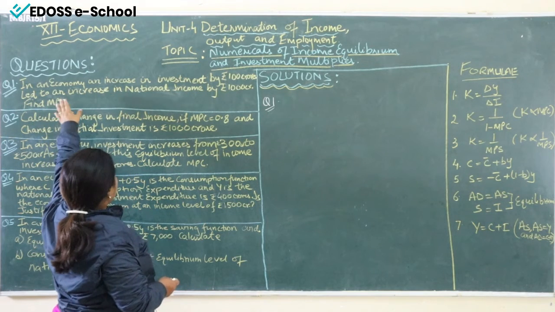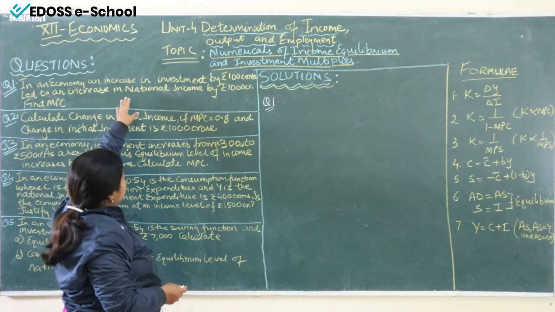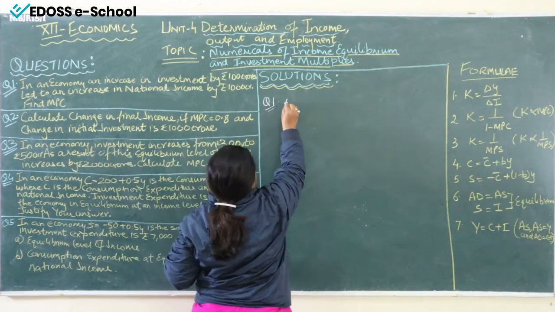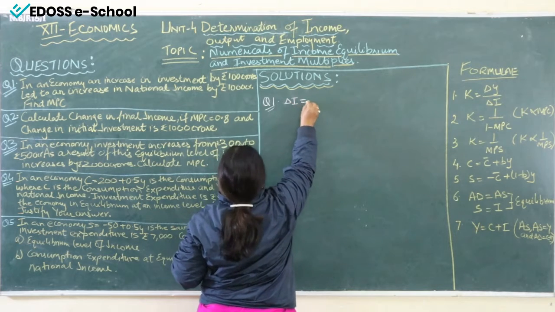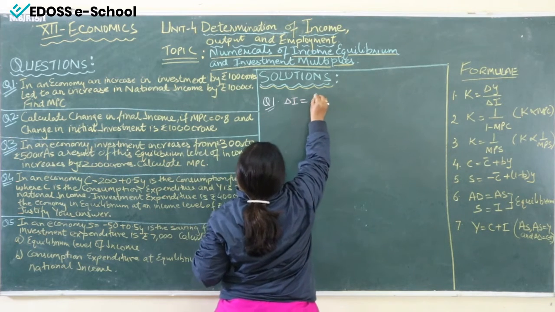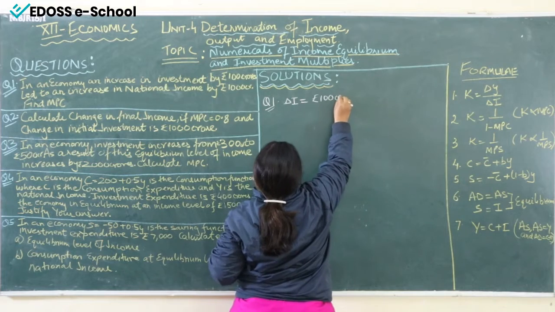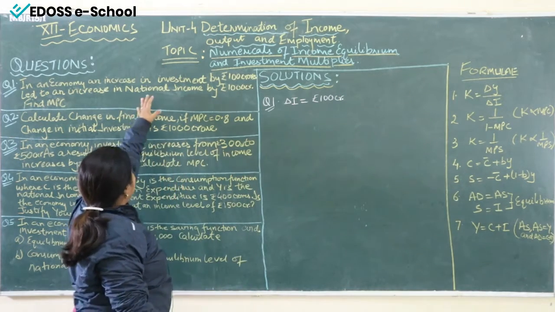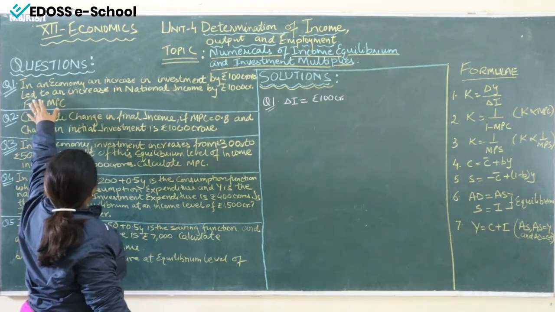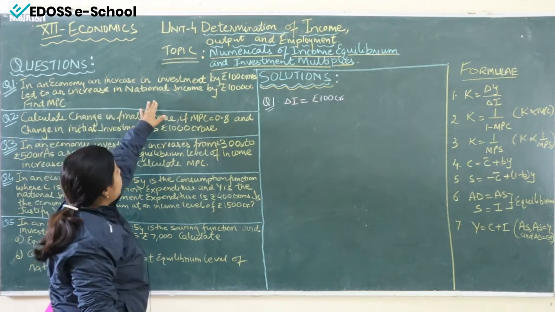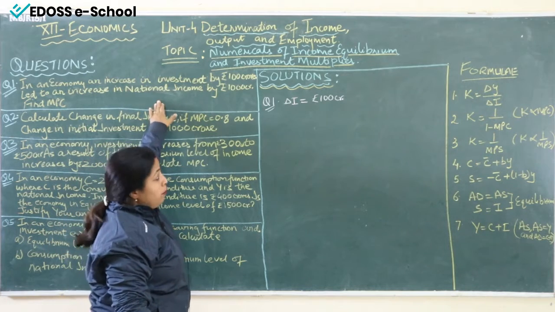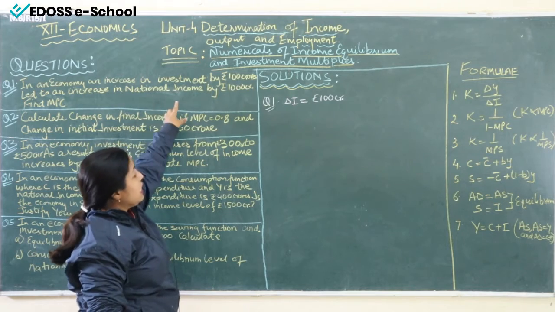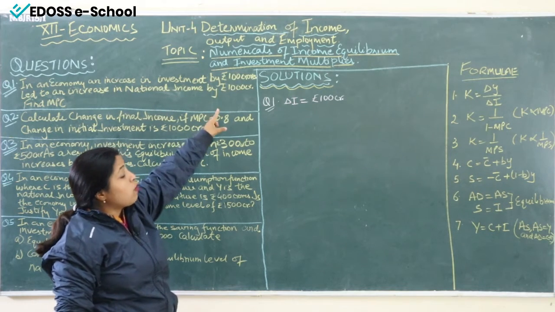It says, in an economy, an increase in investment. What is increase in investment? Increase in investment is delta I, and delta I is given to you, that is rupees 100 crores. Further it says, it led to an increase in income, means due to increase in investment, there is increase in income by rupees 1000 crores.